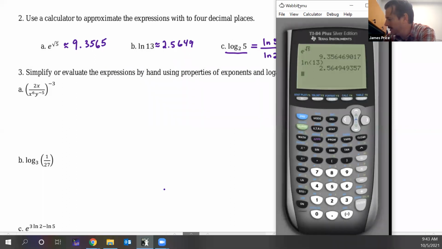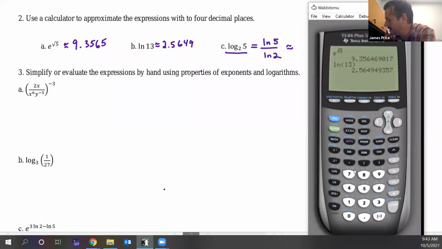And maybe I'll say why that's true. I don't think I've ever told you guys why that change of base formula actually works, because it's not easy to see. So ln of 5 divided by ln of 2, and then hit enter, and it spits out this answer, 2.3219.